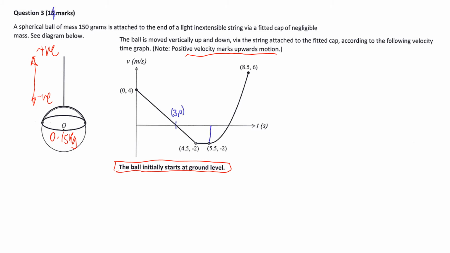You can see it starts with an initial speed of 4 meters per second in the upwards direction. So this is all upwards travel. When its velocity is momentarily at rest, it's at the top of its journey, and then this down here indicates downwards motion.